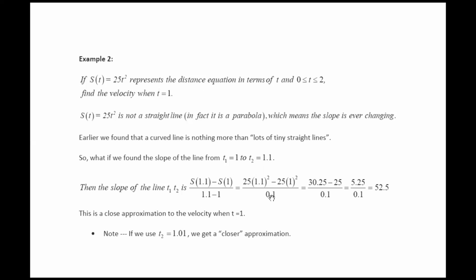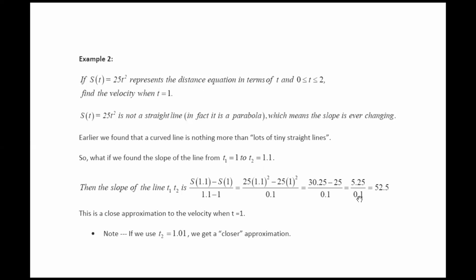And now we're going to use our calculator, or you can do it by hand. It's not a problem. We're going to square 1.1 and multiply by 25, and we get 30.25 minus 25 times 1 is 25, and we subtract the two, we get 5.25 over 0.1.